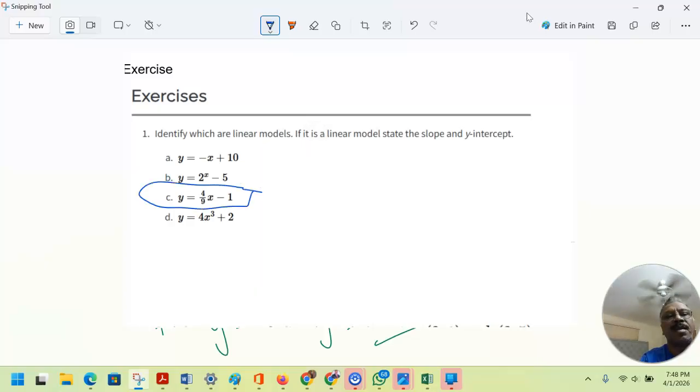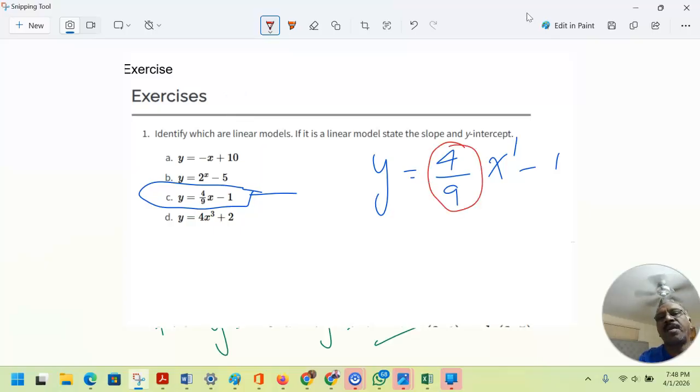Now the next one has x raised to 1, and clearly there is a coefficient of x here. The coefficient of x means the number that multiplies x. In this case, the degree of x is 1, so this is a linear model, and the slope is the m here.